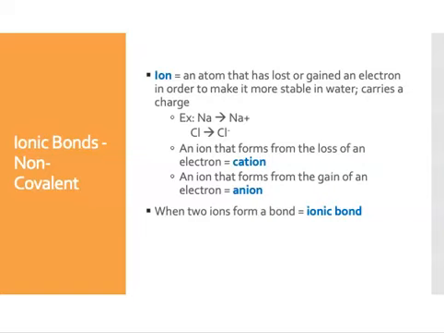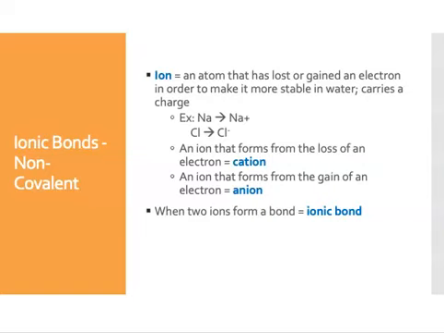Now, sometimes when two atoms come together and they have unpaired electrons in their valence shells, something very different happens other than the sharing of that pair of electrons. Sometimes one of the atoms will donate its electron to the other atom.